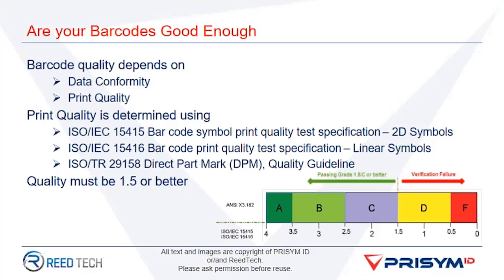Other customers actually include the verification as part of the startup on a production line for each batch and verify the first barcode meets the requirements and is correctly graded. So that's you doing the verification as part of the manufacturing process.